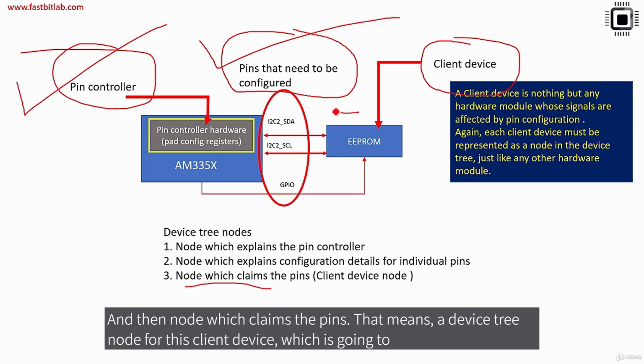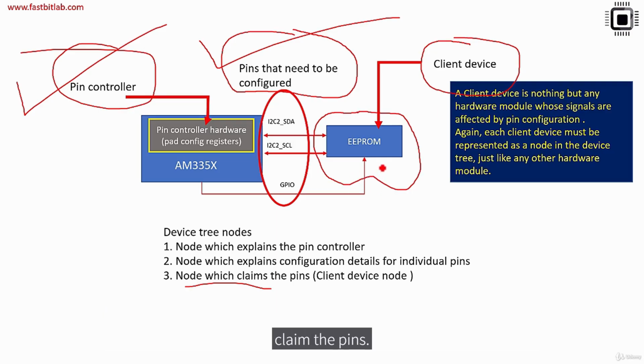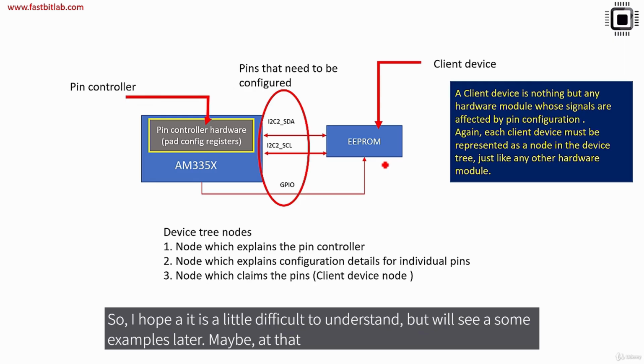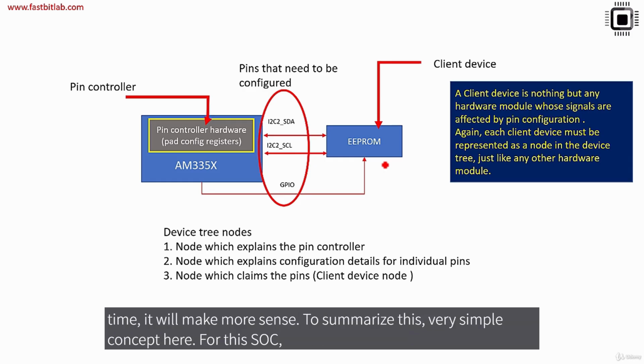That means a device tree node for this client device, which is going to claim the pins. I hope it is a little difficult to understand, but we'll see some examples later. Maybe at that time it will make more sense.